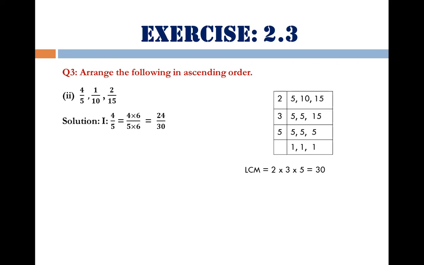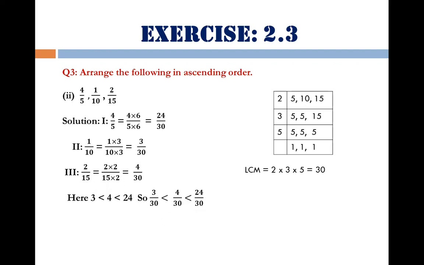Now taking the second fraction, that is 1 over 10, very simple, multiplying both places by 3, we can take denominator as 30. So the result is 3 over 30. The last one, taking 2 over 15, multiplying both places by 2, we can make the denominator equal to 30. So our value becomes 4 over 30.